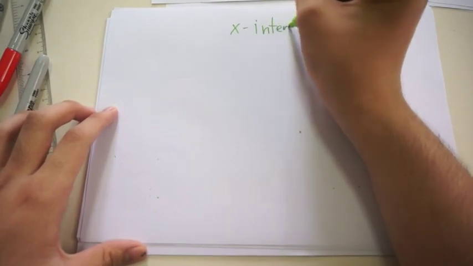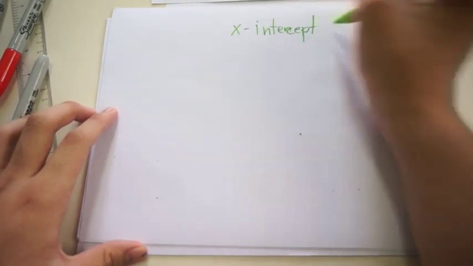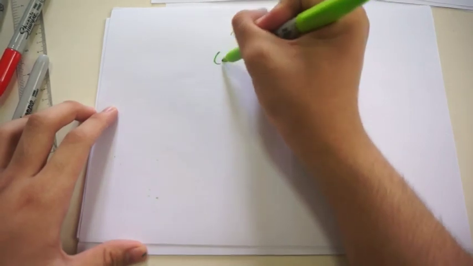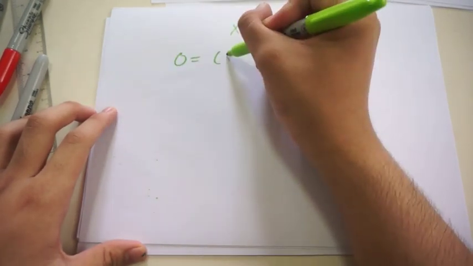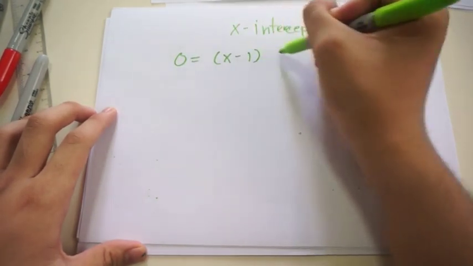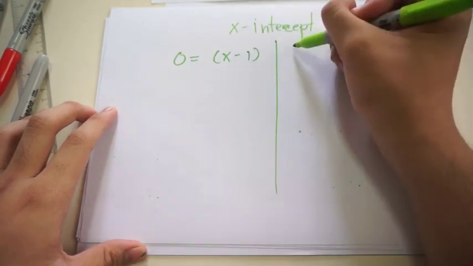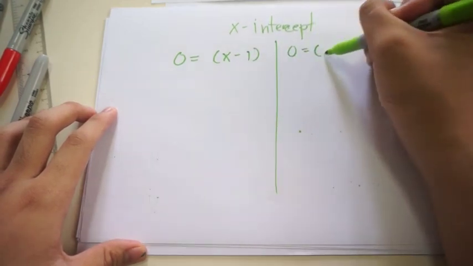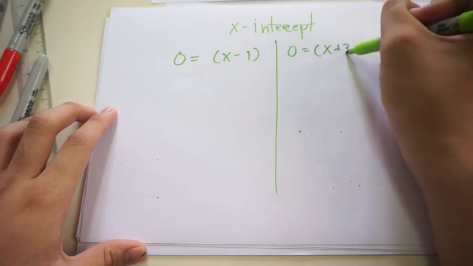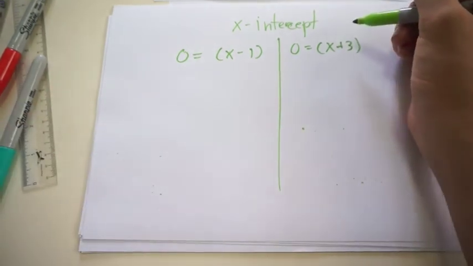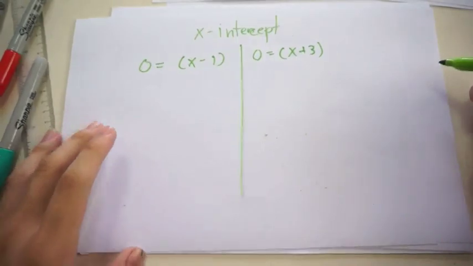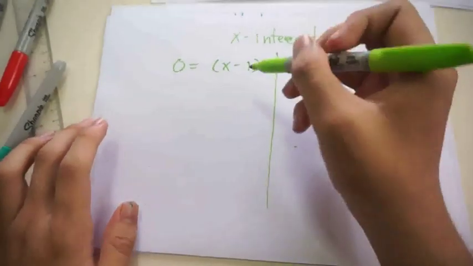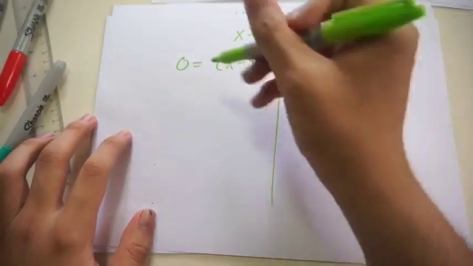Well, for the x-intercept, we will make each bracket equal to 0. And now we move the number so we know how much x is.